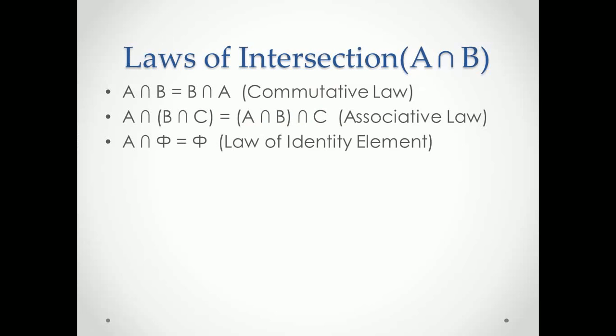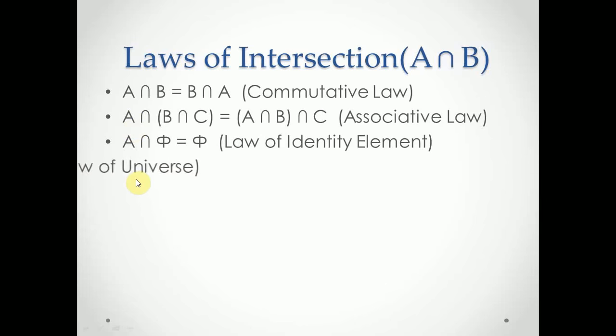The third law, which is also an important law, is the law of the identity element. It says that if you find the intersection of A and the set phi, which is the empty set, what will be the result? The result will be the empty set, because the empty set does not have any element and A has its own elements, but the common thing will be phi.